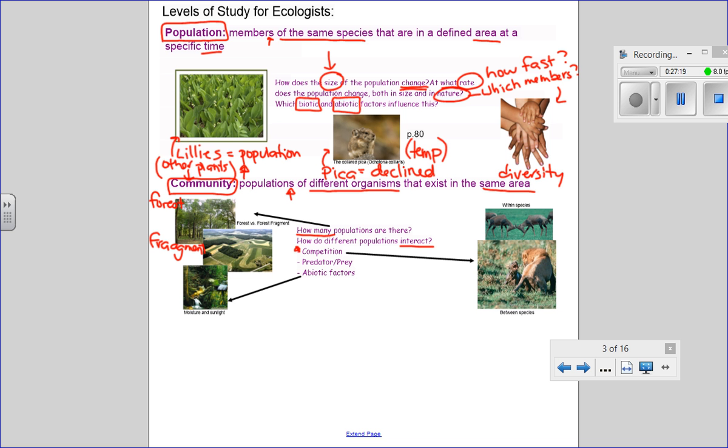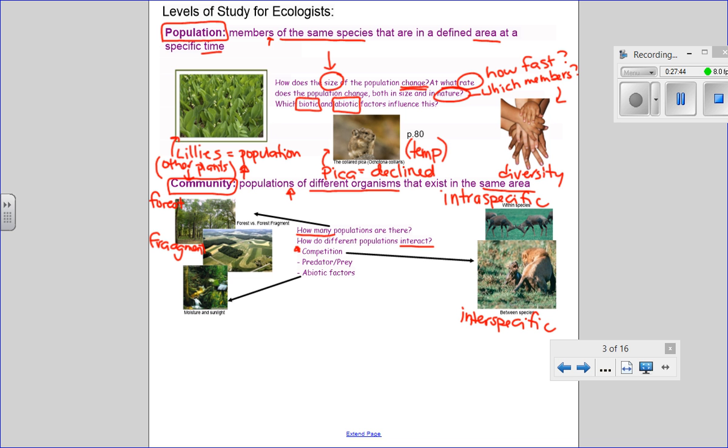For the interactions, we already mentioned competition. There are two types of competition that exist. It could be intraspecific or interspecific. That means within a species or between species. On the top, I'm showing two males butting heads. They're probably fighting over a female.